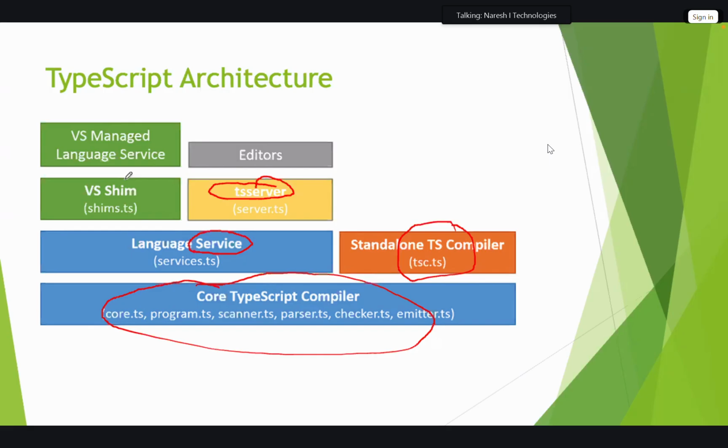We have a shim. Actually, shims are very common. If you are learning any OOP language, object-oriented programming, shims are very common. There will be a Java shim library, .NET shim library, C++ shim libraries.